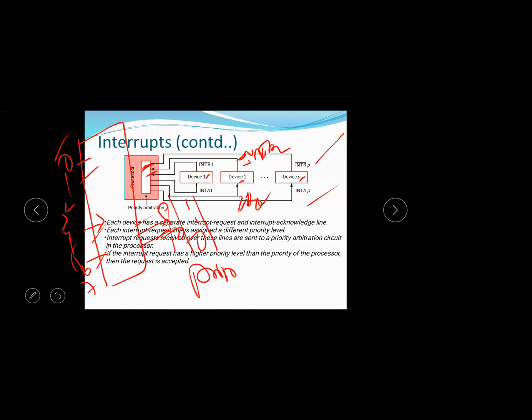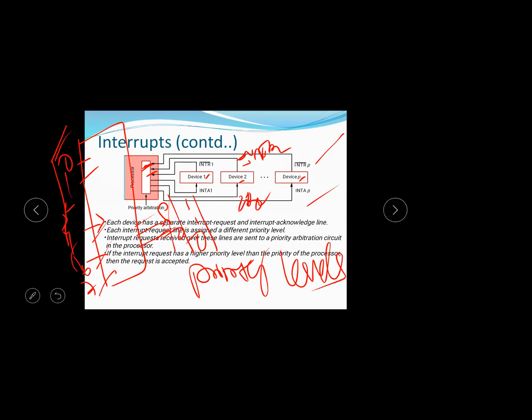depending on the priority levels of the inputs. Okay, here you are giving the priority levels to the inputs 0, 1, 2, 3, 4, 5, 6, 7. 0 is the least priority, 7 is the highest priority.